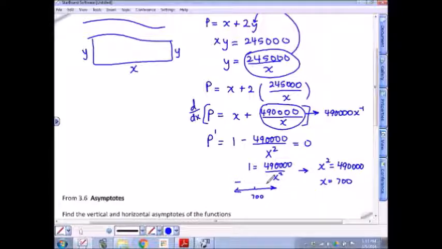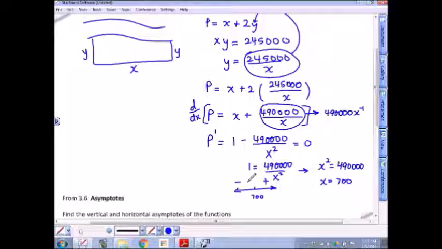If we tested something to the right of 700, like 1,000, 1,000 squared would be way bigger than 490,000. So we've got 490,000 divided by a very large number. That makes a very small fraction. 1 minus a small fraction is still positive.